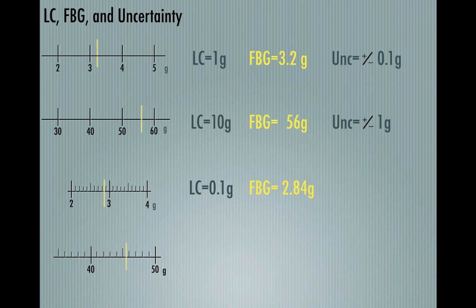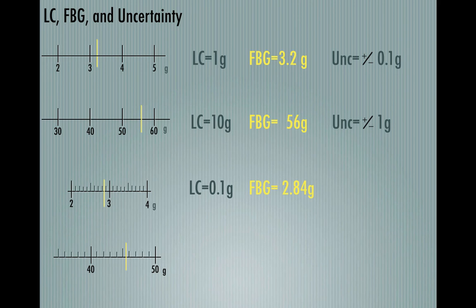Now, the question is, is it a 1, a 2, or a 5? Well, to me, I can easily divide the space in between those tick marks into 2 spaces. You might have better eyes than I do, which is fine.